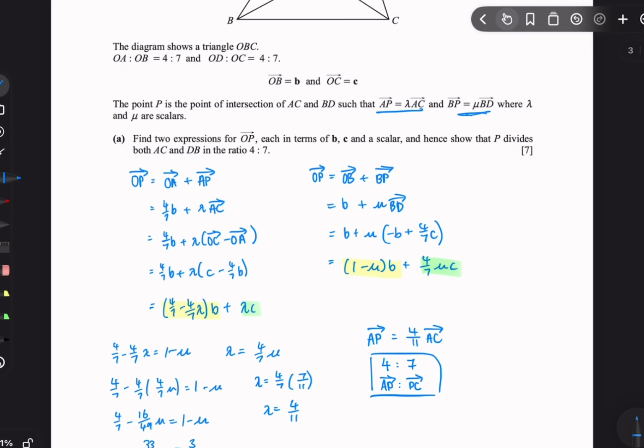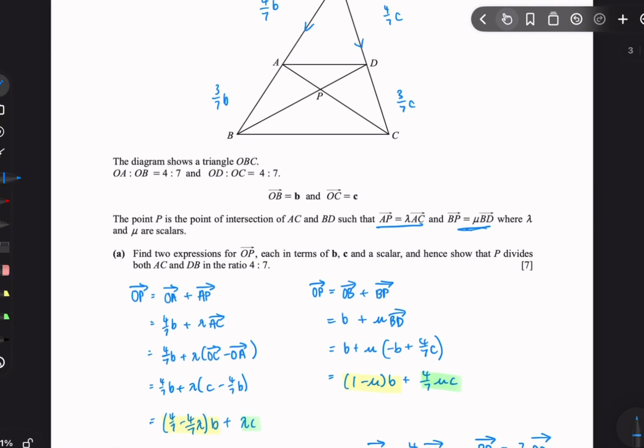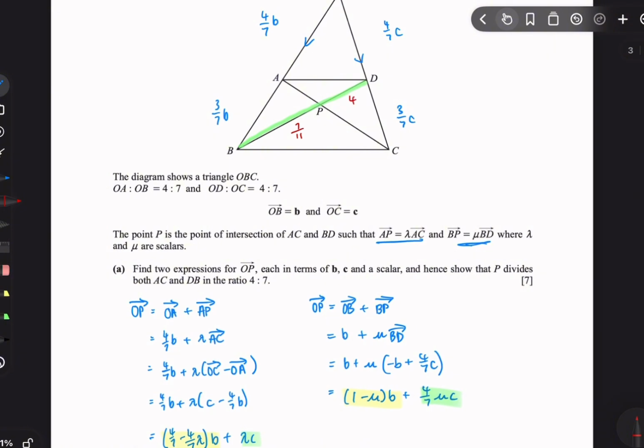And then for BP is equal to 7 over 11 of BD. And this is the line. So BP is 7/11 of the entire line. That means this is 4 over 11.